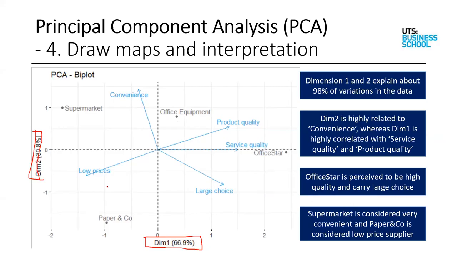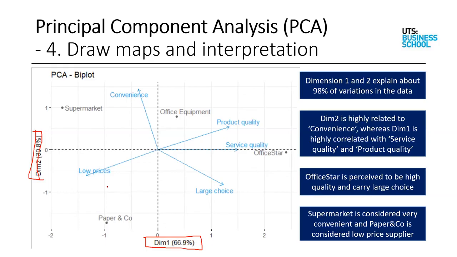Taken together, these 2 dimensions are able to explain about 98% of the variation in data. So it's a very high percentage that can be explained on the basis of the 2 dimensions, which indicates that all of the different attributes have been reduced very well into these two dimensions.